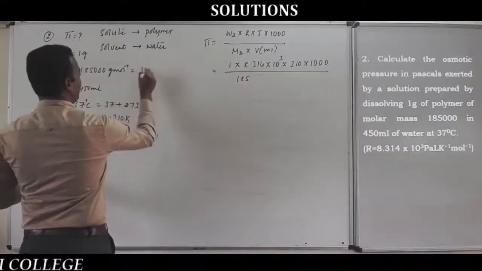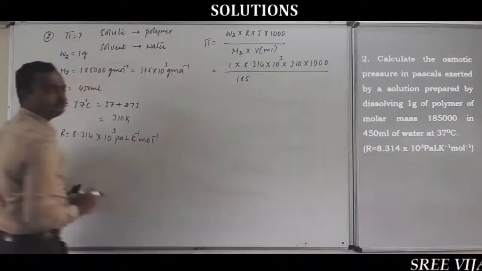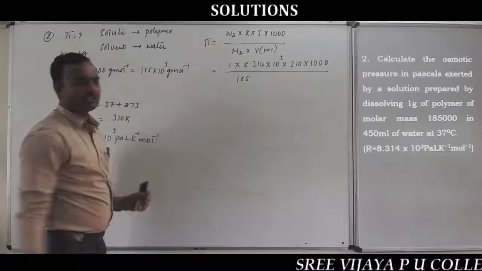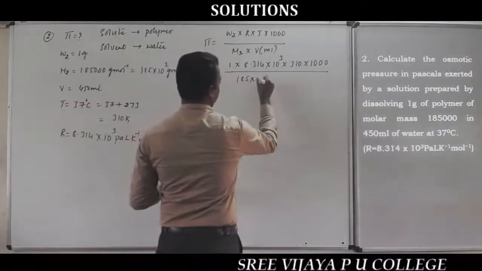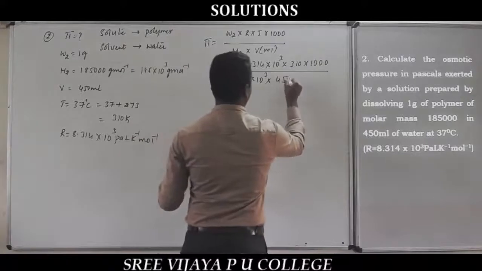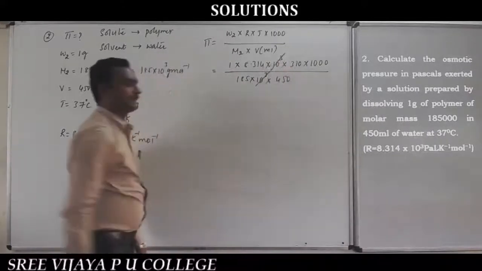That can be written as 185 into 10 power 3 gram per mole. The volume is equal to 450 ml. So here 10 power 3 gets cancelled.